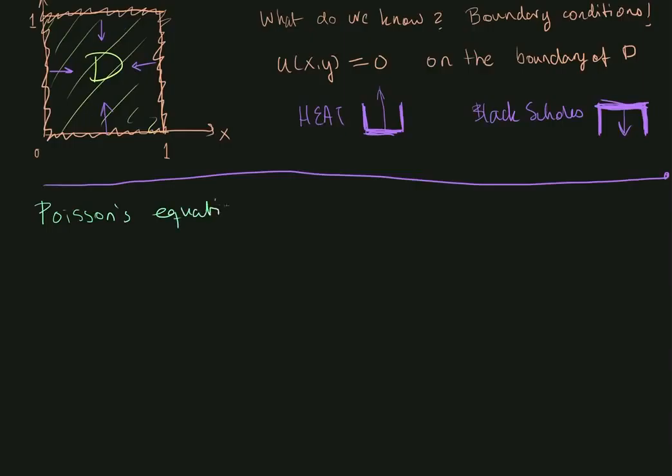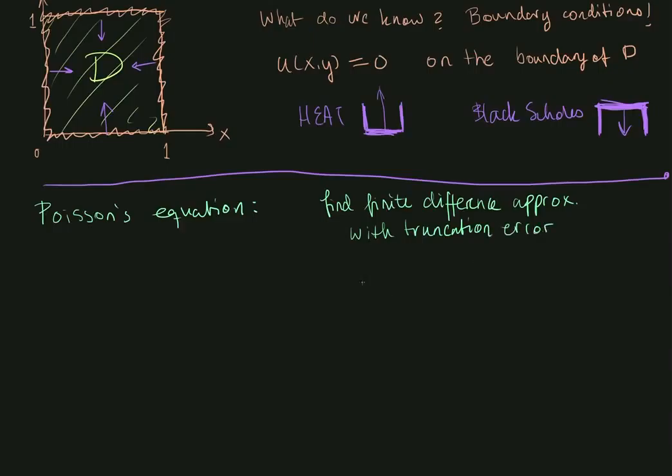And what we are asked to do in the book is to find a finite difference approximation which has a truncation error with the same order of magnitude as O of h squared plus O of k squared.